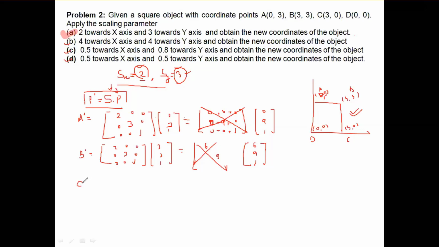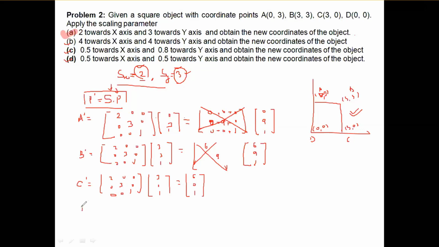Then C dash. Again write the scaling 2, 3, 1, and the point is 3, 0. Multiply it, and you get 6, 0, 1.